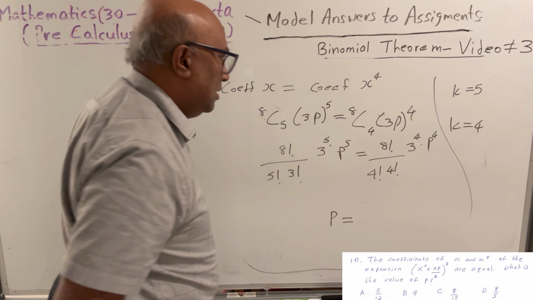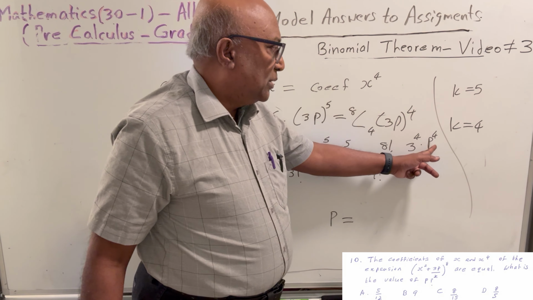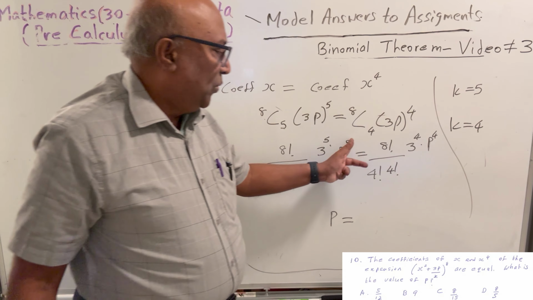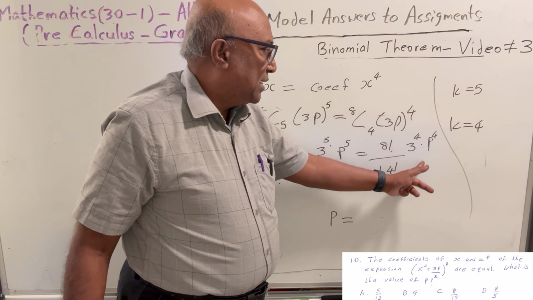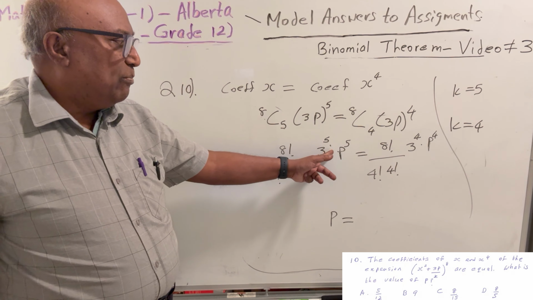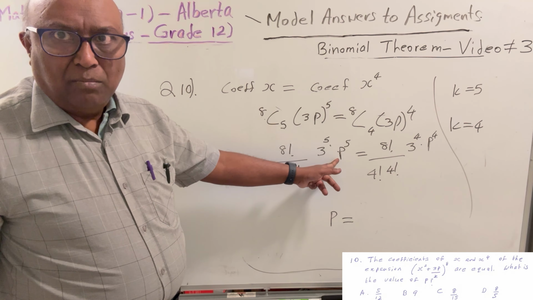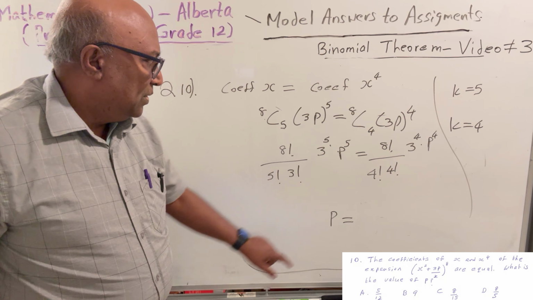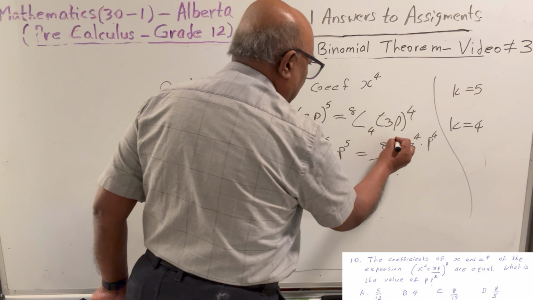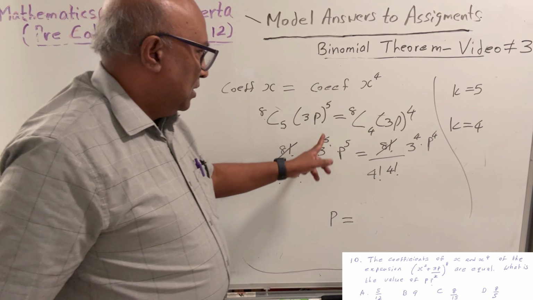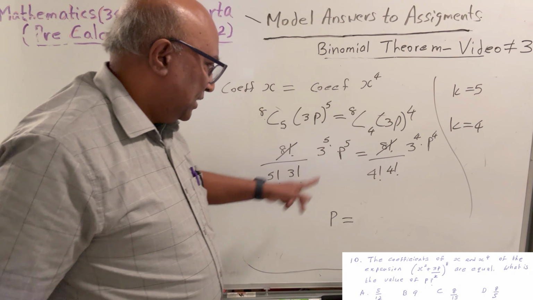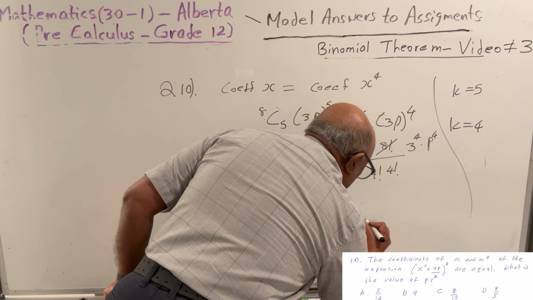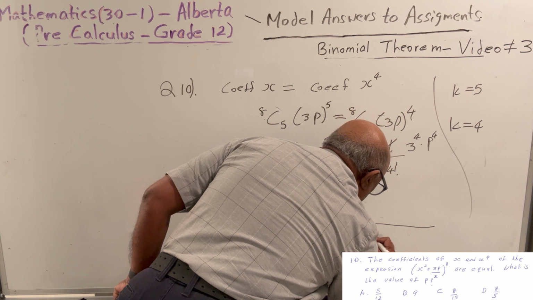When you divide both sides by p to the power 4, p^4 is cancelled on the right side. On the left side you have p to the power 5 divided by p to the power 4, that is p. 3^5 over 3^4, one 3 remains; if you move it to the other side, you have 3 in the bottom.